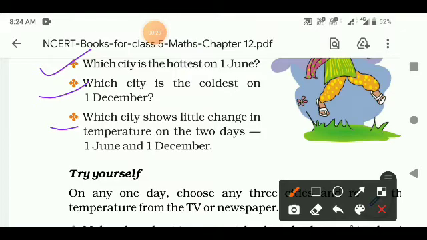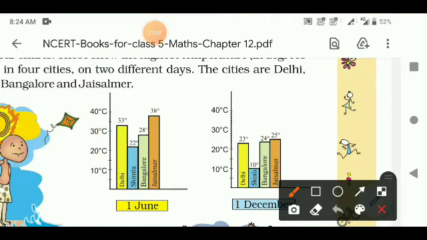You can see here in the bar graph that Bangalore has 28 degrees Celsius on 1st June and 24 degrees Celsius on 1st December, and it is the lowest change in temperature.